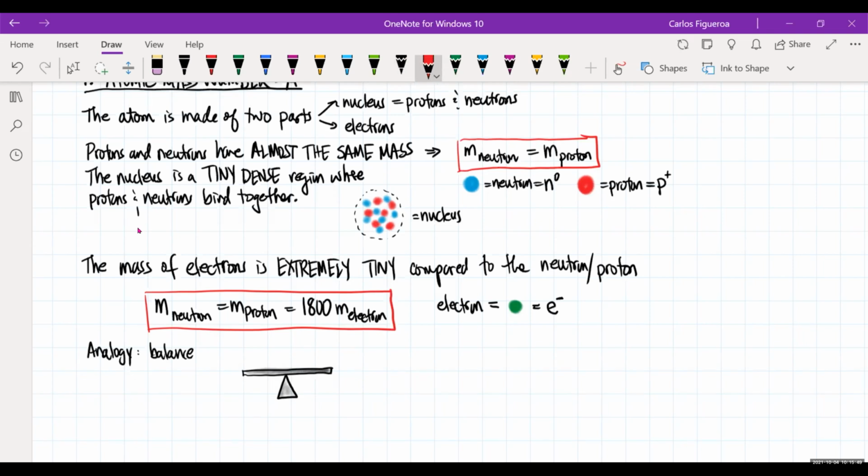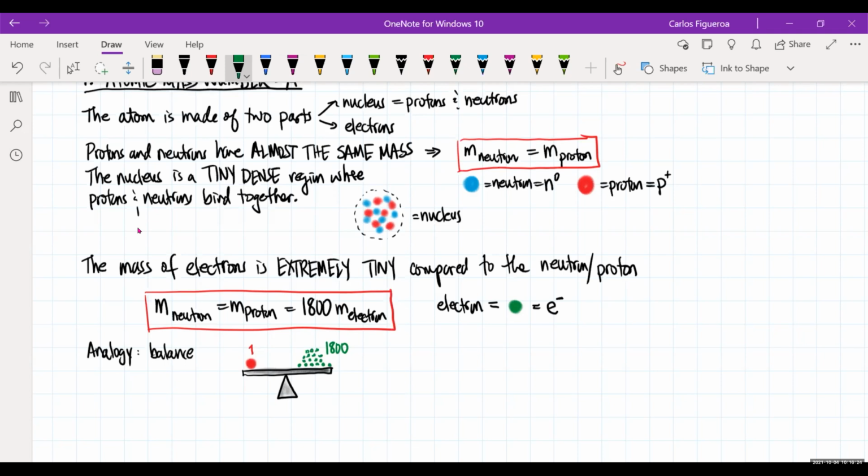I find that if I take one proton, remember they're in red, and if I look at the electrons, I have to stack how many electrons? A huge pile of electrons. How many electrons do I have to add? 1,800 electrons. So 1,800 electrons is what balances out one proton mass.